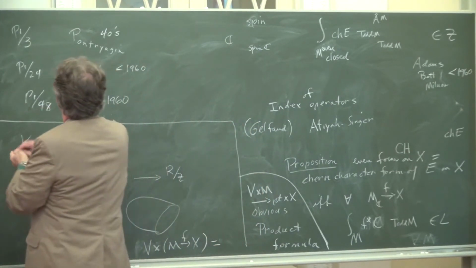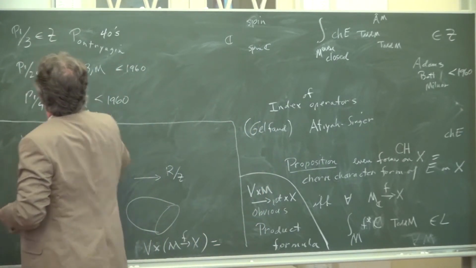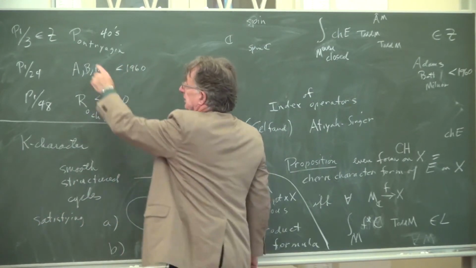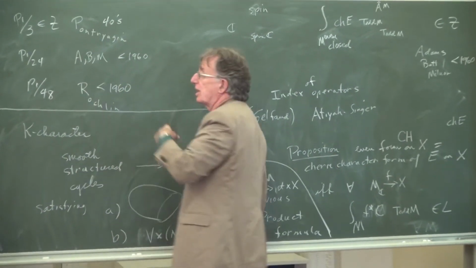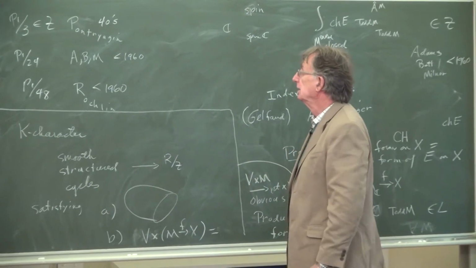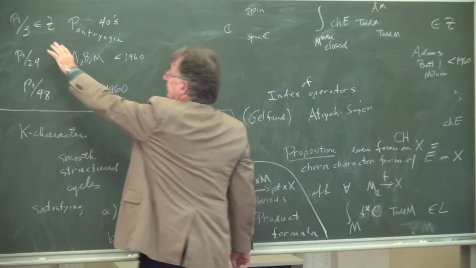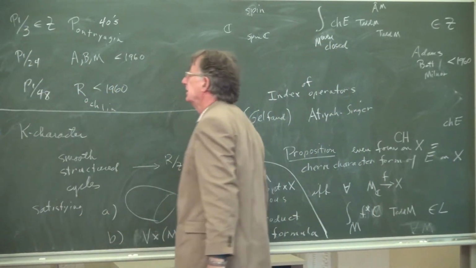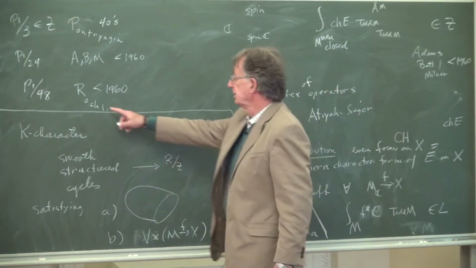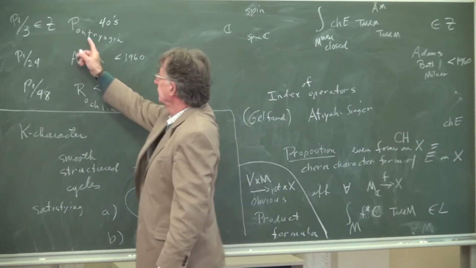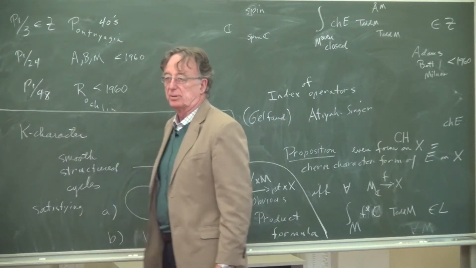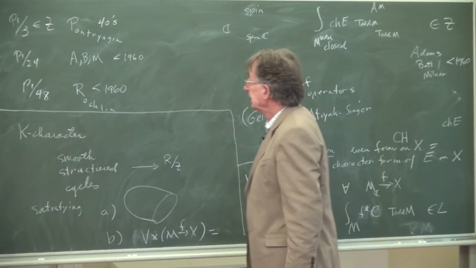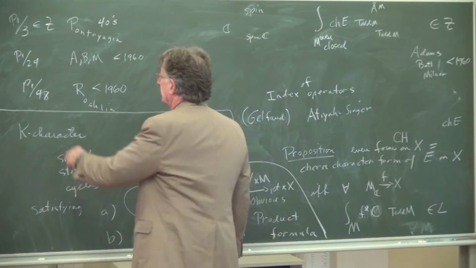This would have been known to Pontryagin, who defined these classes, and probably Rokhlin proved that it was given by the signature.